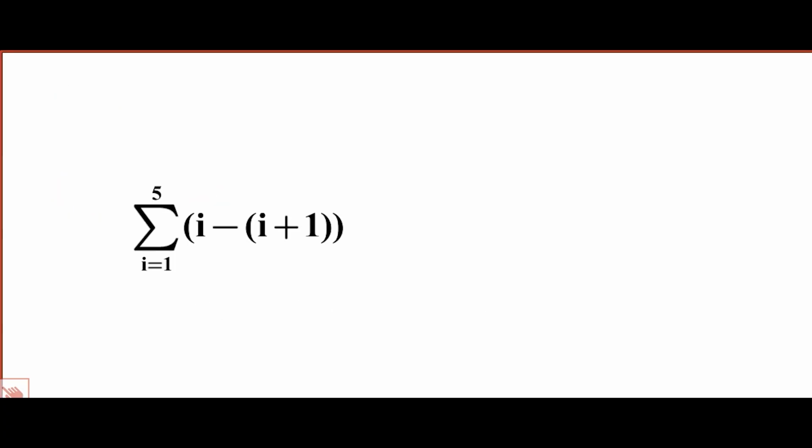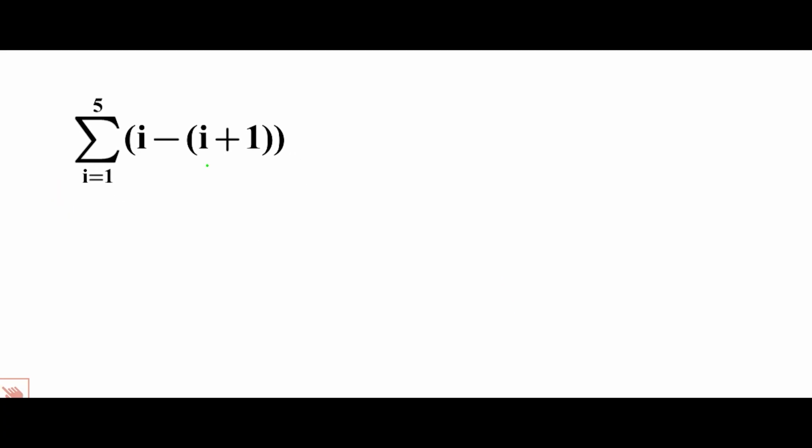For example, the sum of i minus (i+1) from i equals 1 to 5. Let's expand the summation. The index i goes from 1 to 5.